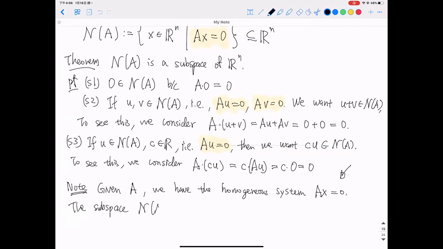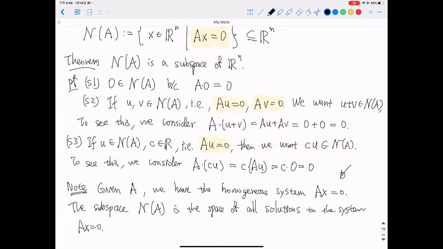The null space of A is the space of all solutions to this system Ax equals 0.